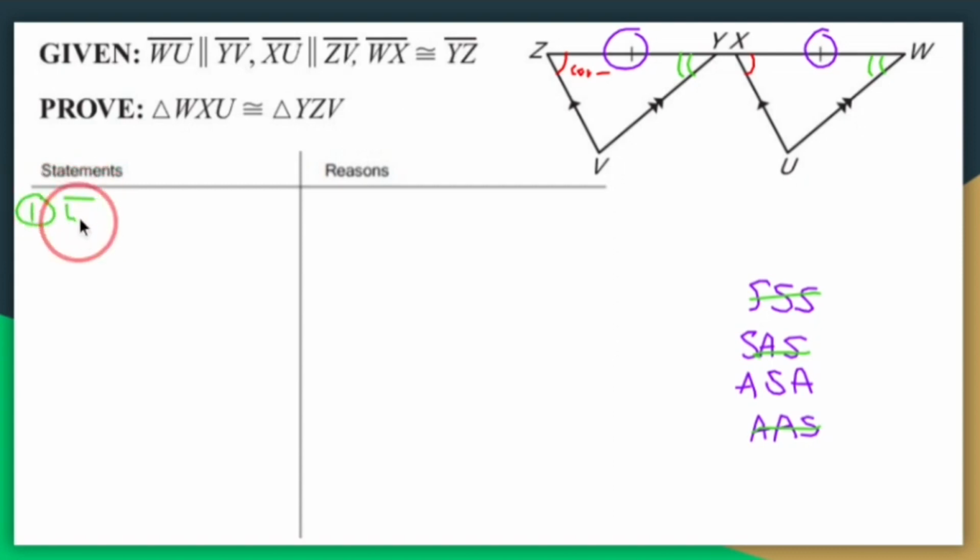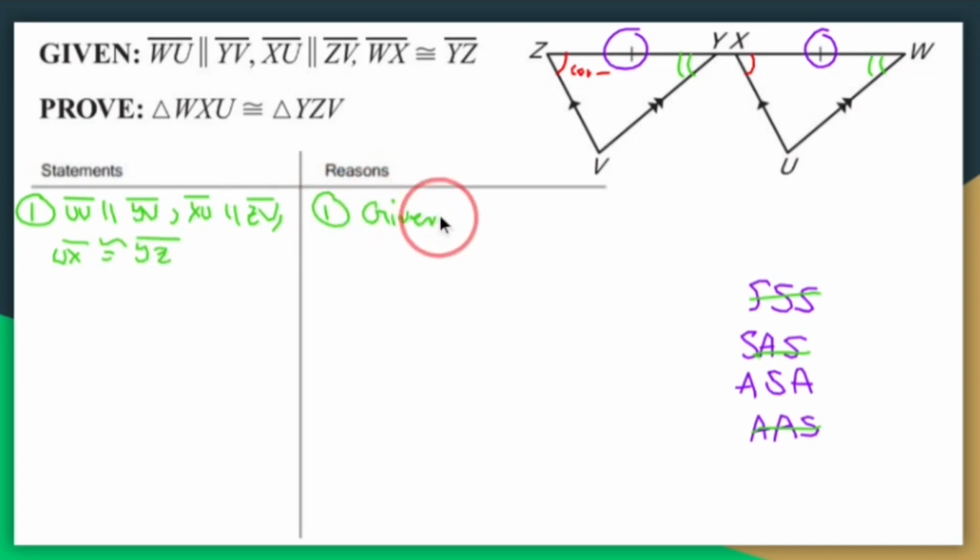Okay, WU is parallel to YV. XU is parallel to ZV. And WX is congruent to YZ. That gives me my side right there, given.